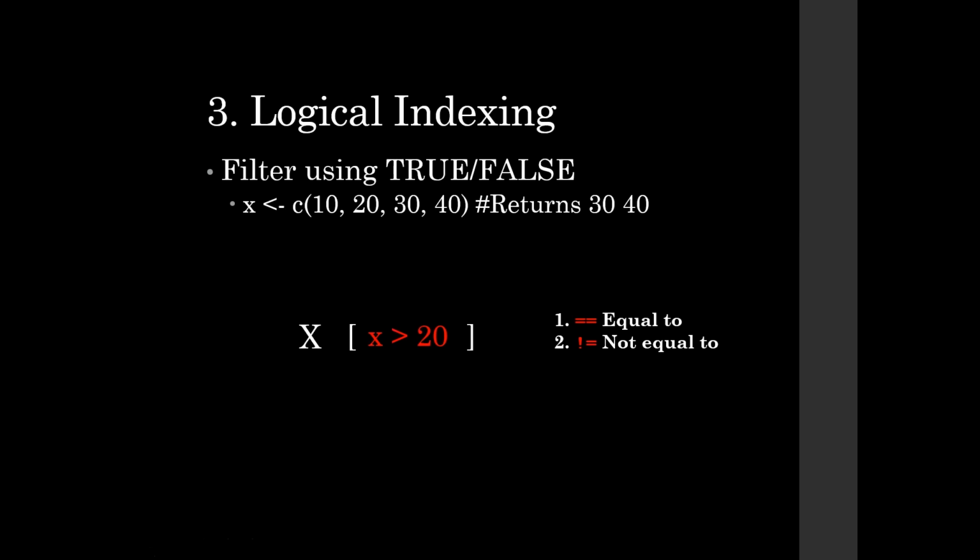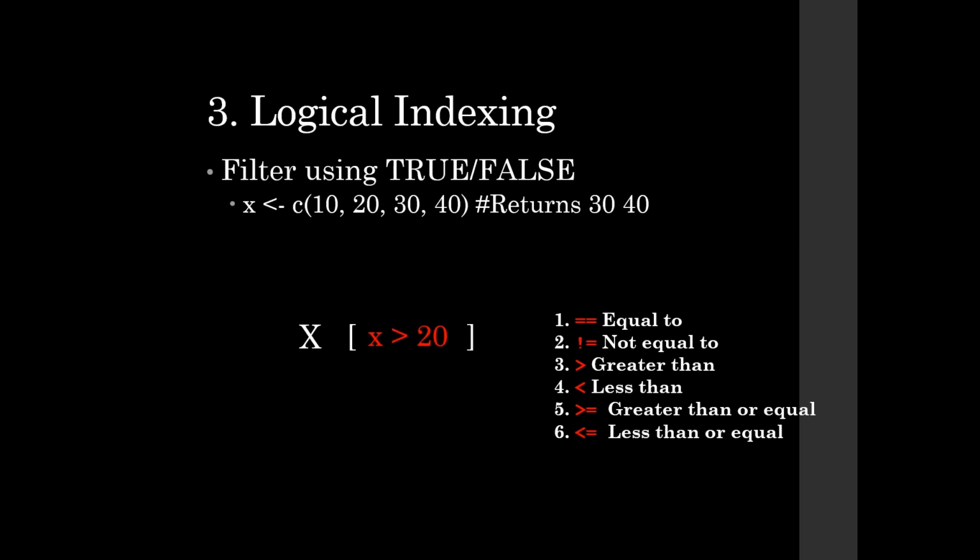It will represent a not equal to logical operator. Then a greater than sign will be for greater than logical condition, and less than sign is less than logical condition. And you can also use greater than or equal to and less than or equal to. So all these types of logical indexing can be done for vectors.